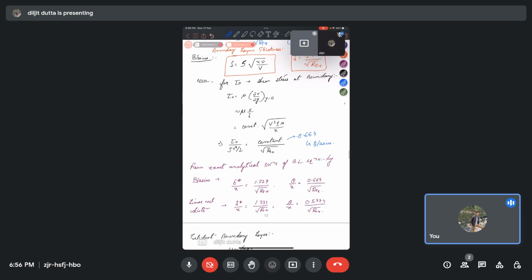Now from the exact solutions of the boundary layer equations by Blasius, which are obtained analytically, he obtained that the displacement thickness delta star is 1.729 x by root Re x, and theta by x is 0.664 by root Re x.